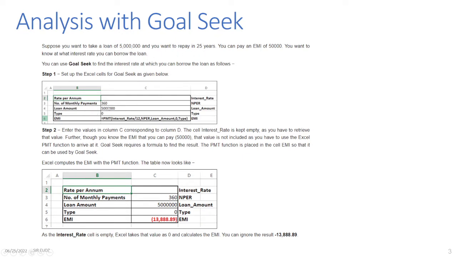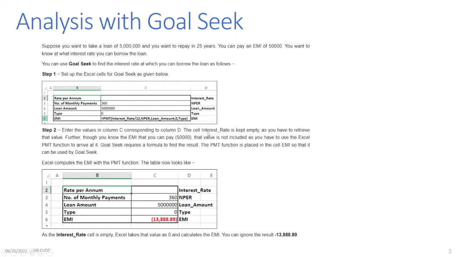Loan amount is 5 million, and at the end, payment is equal to payment, interest rate divided by 12, then the loan amount, 0, and then type with 0.